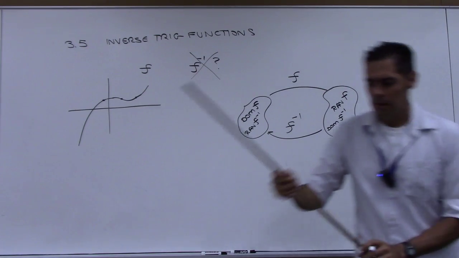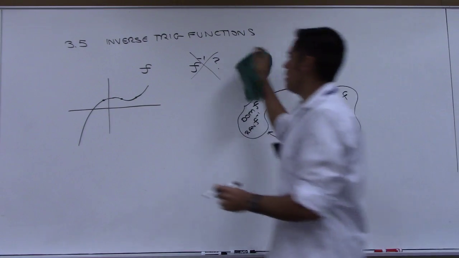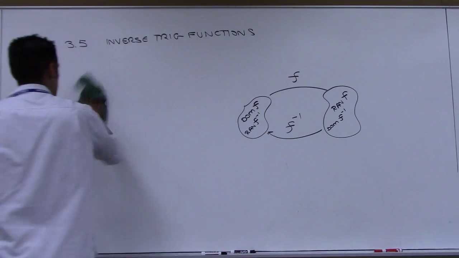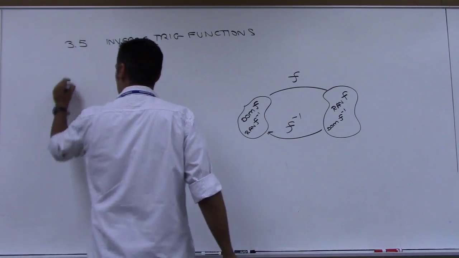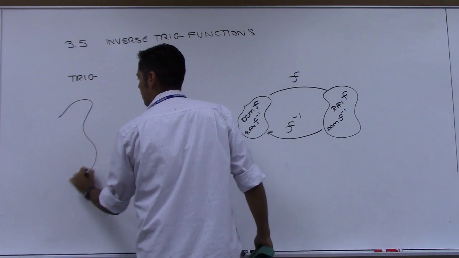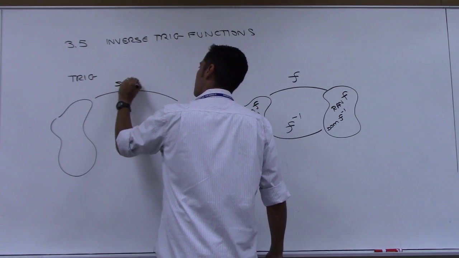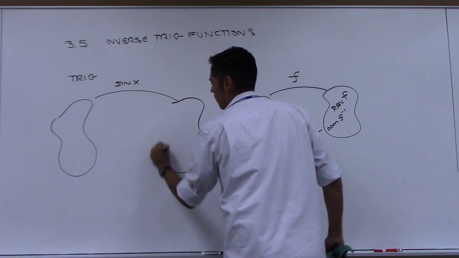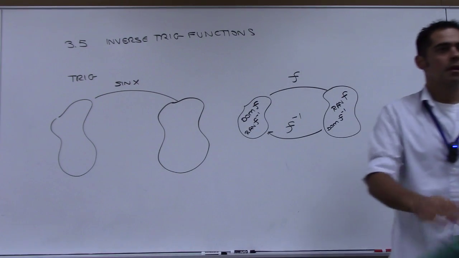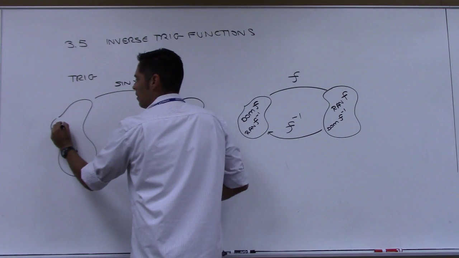All right. So when we're talking today about inverse trig functions, we need to have a good idea of how our trig functions from pre-cal worked. When it comes to trig, we had something like a function, let's take sine x. For sine, the things that you plug in here were angles.